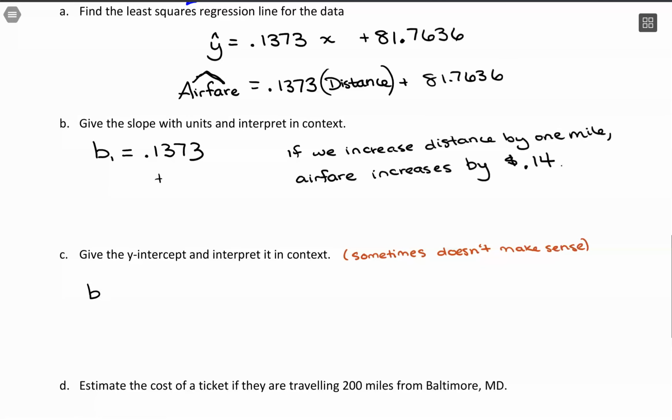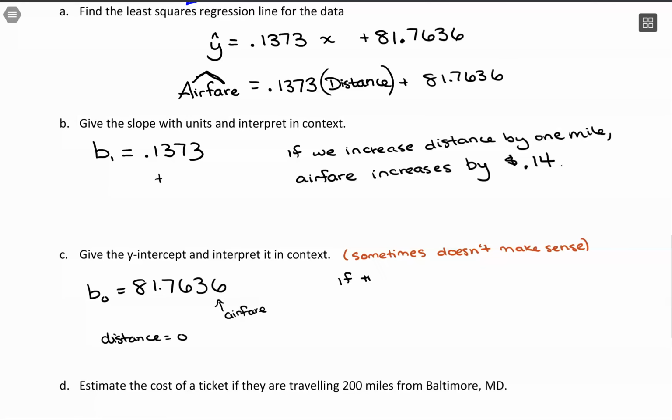So y-intercept from our data is the 81.7636. So this is the idea of if x is 0. So if distance is 0, this would be our airfare. And that's a little strange if we interpret that way. In fact, I'll write it out.